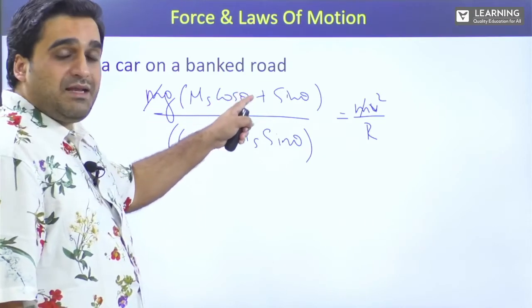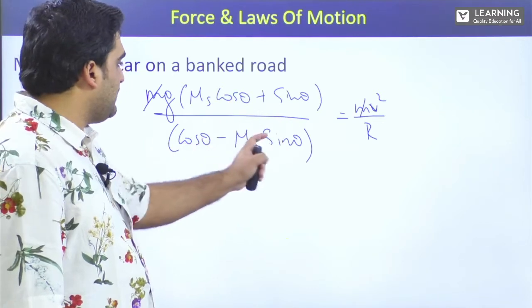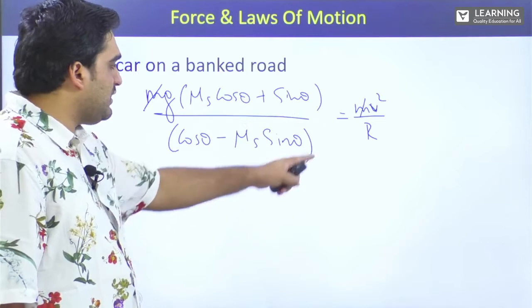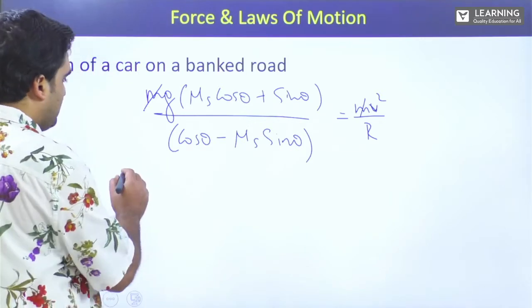You can multiply, divide cos theta in this numerator and denominator. In the numerator you divide by cos theta, in the denominator also divide by cos theta.